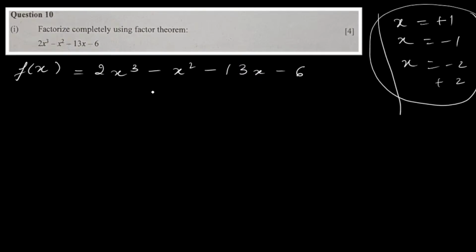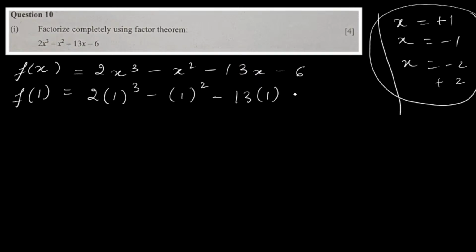If anyone has done it, you can tell me before itself, so I can directly do it. Let's first try with x value as 1. If I substitute x as 1 and the answer is 0, that means x equals 1 will be a factor. So let's check that. 2 minus 1 minus 13 minus 6. So 2 minus 1, x is equal to -2. Okay, so -2, let's try.